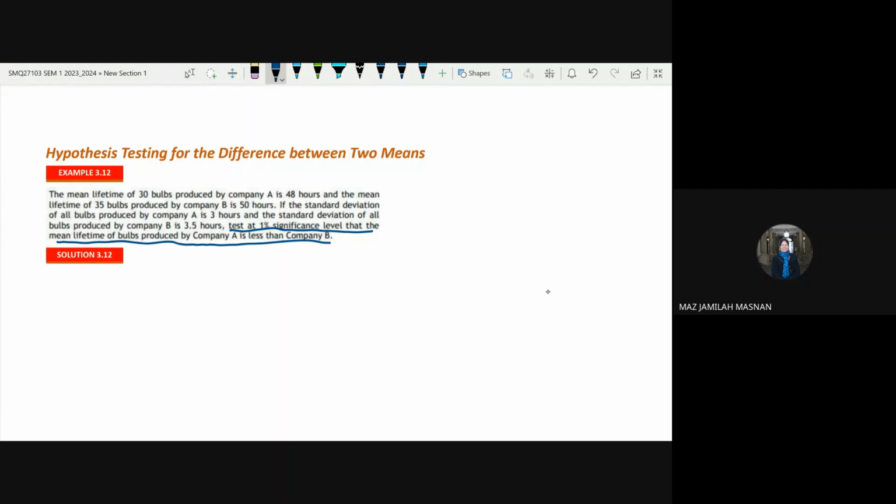We know that our null statement will always be mu1 is equal to mu2. This is one way to write it, or you can write H null: mu1 minus mu2 is equal to 0. It's just the same.